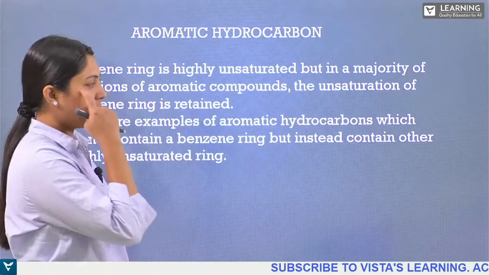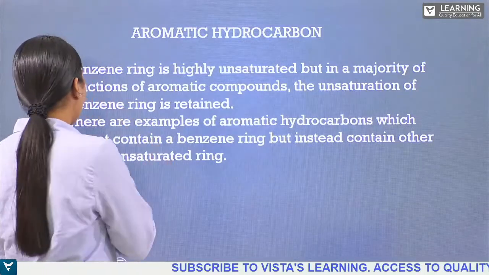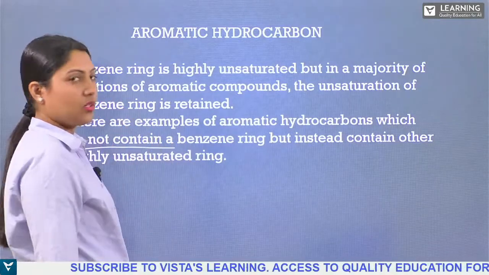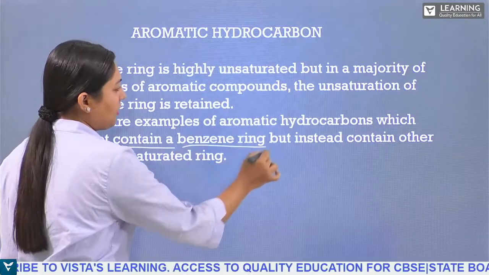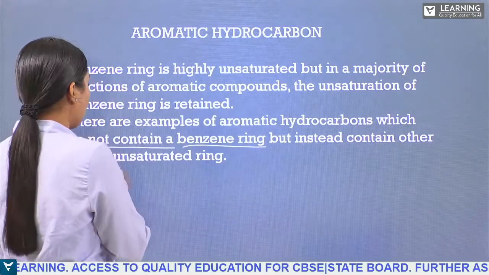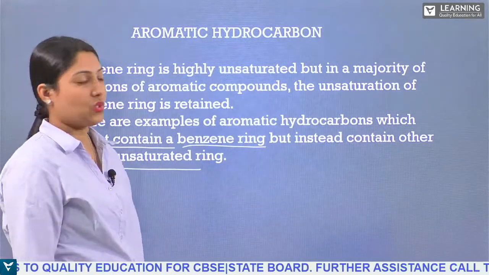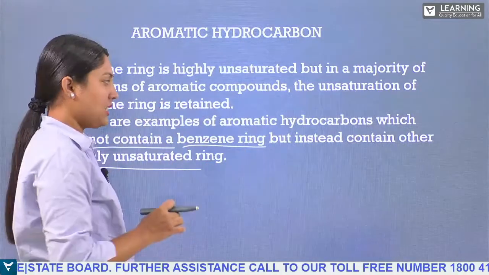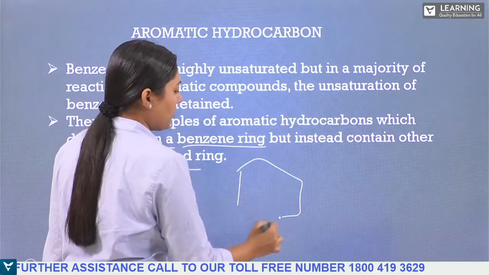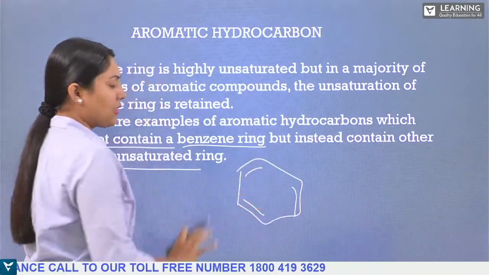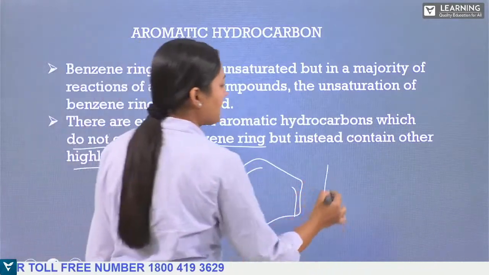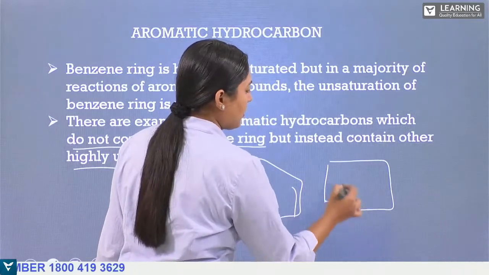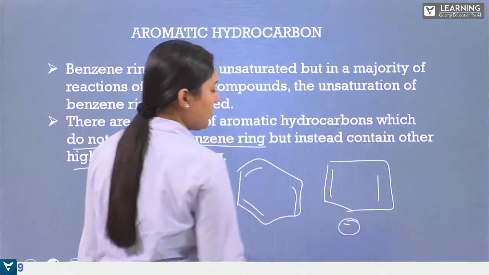These are examples of aromatic hydrocarbons that do not contain a benzene ring but instead contain another highly unsaturated ring. The benzene group, if you have it, comes under aromatic. Some don't have the benzene group; they have a structure like this. Fine.